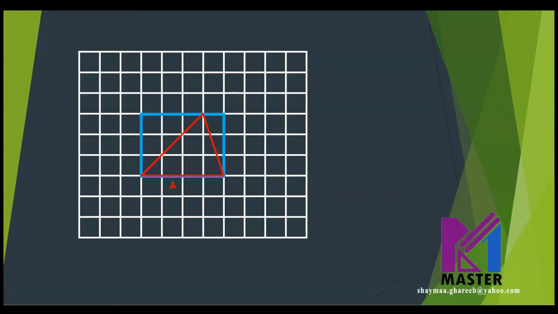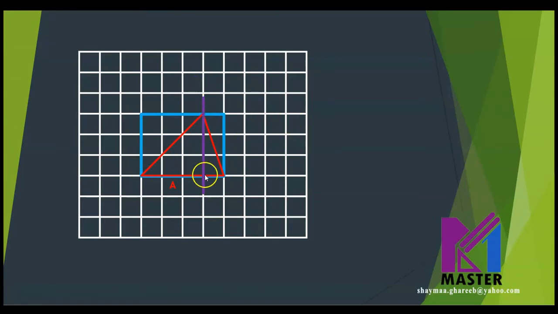How can I use the rectangle to get the area of the triangle? I want all of you to pay attention now. What will happen if I cut the rectangle this way?